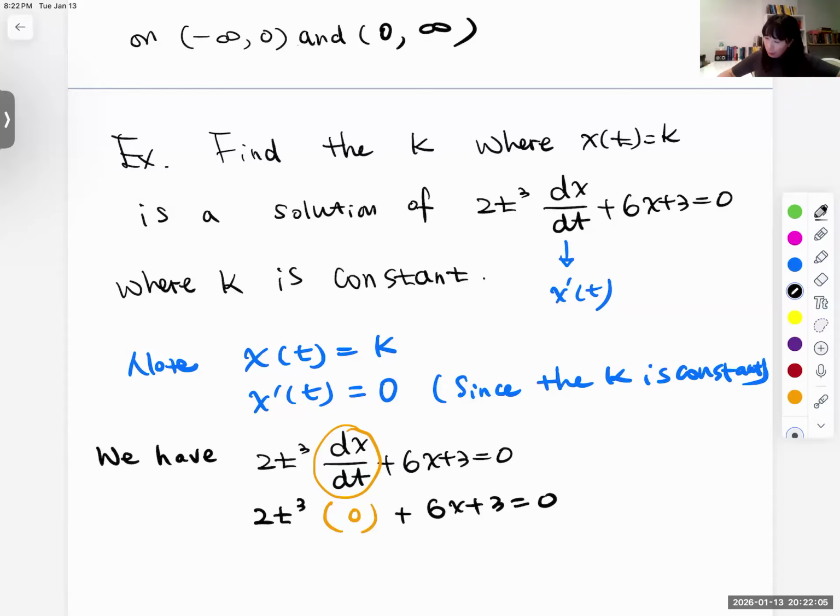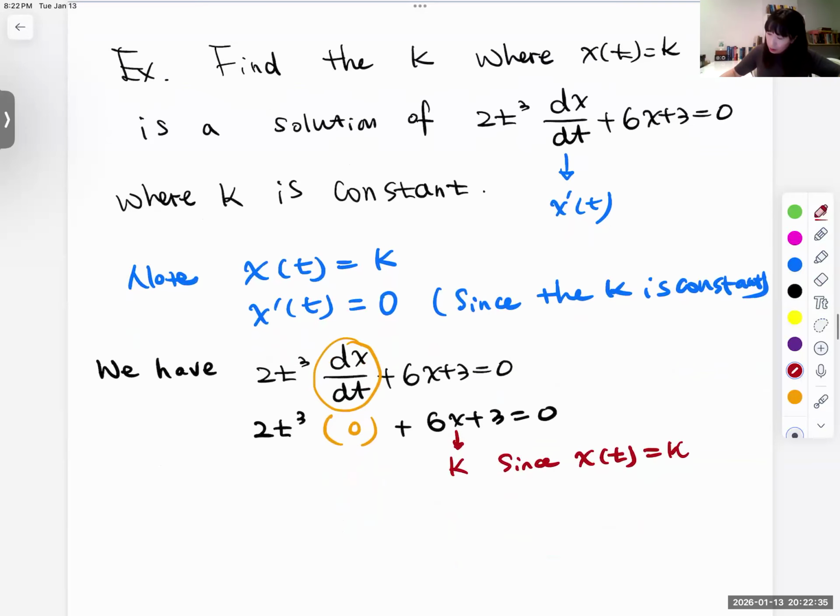Okay, look. They say that x over t equal to k, so we replace this x with k. So this will be k since x over t equal to k. All right, so we have 6 times this 0, right?